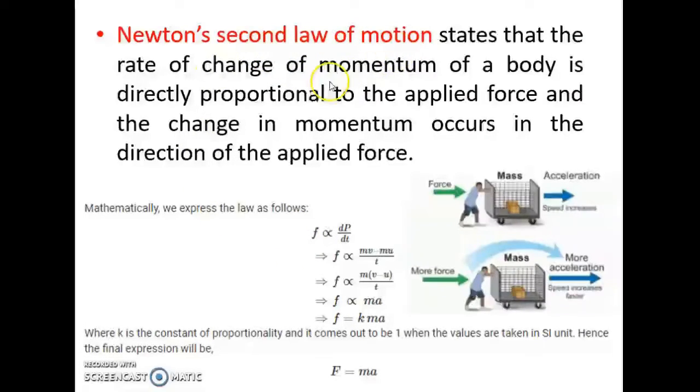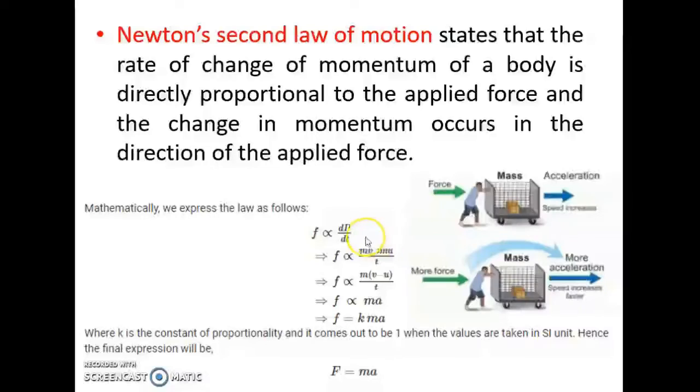As per Newton's second law, the rate of change of momentum of a body is directly proportional to the applied force. So I have written here, force is directly proportional to rate of change of momentum. P here indicates momentum. So let us simplify this. Force is directly proportional to, now momentum is nothing but mass into velocity.